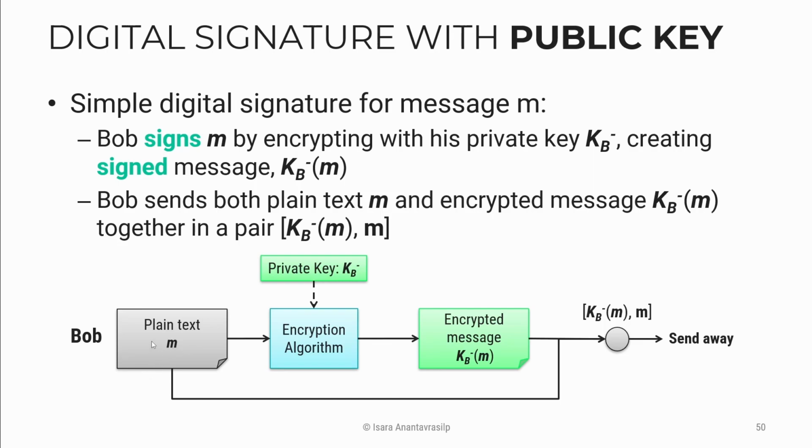Take a look at this. Bob has this text M. He encrypts this plain text using his private key K_B^-, resulting in K_B^-(M), and then along with the original text, he creates a pair K_B^-(M), M right here, and sends it away to Alice.